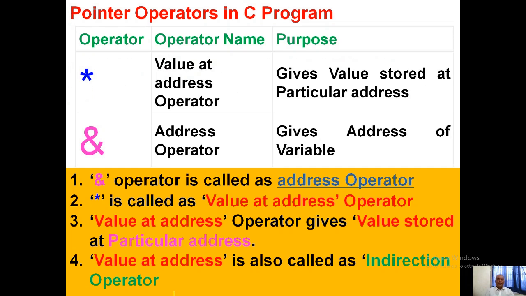So what are the pointer operations in a C program? The star, sometimes written as star x, is the value at address operator. Please observe this carefully, as there is a little confusion. The value at address operator gives the value stored at a particular address.